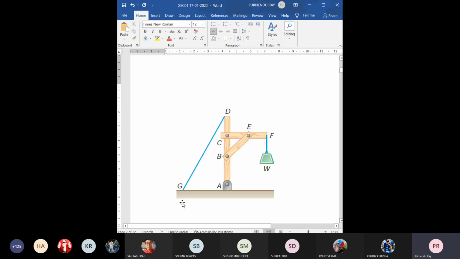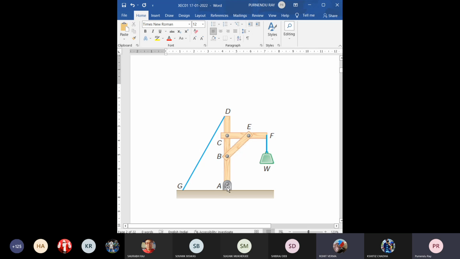Now, what are the forces developed, or how is the total weight W transmitted to other parts? Definitely there will be some tension developed in the rope GD.